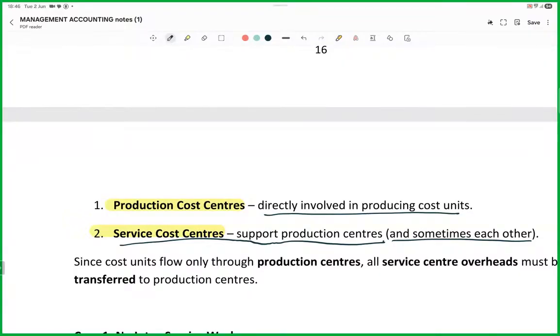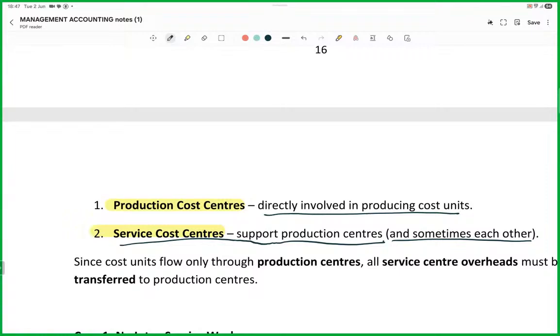Does the canteen come to teach you here? The canteen people, do they even know how to teach? No. But they are important. They are supporting us to come and deliver here. So the canteen will be a very good example of a service department. So we've got two types of departments, production departments and service departments.